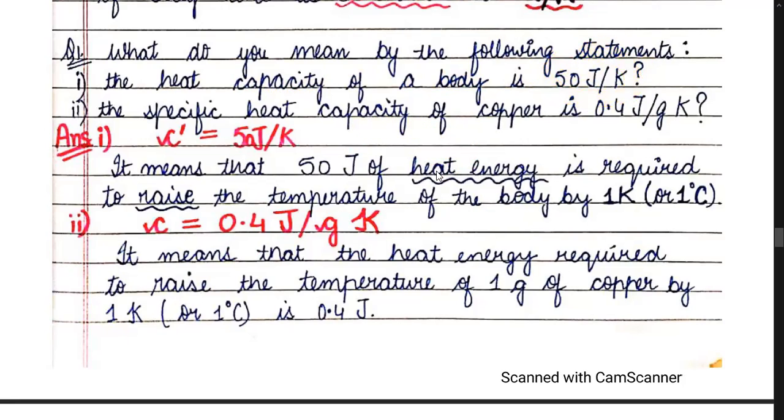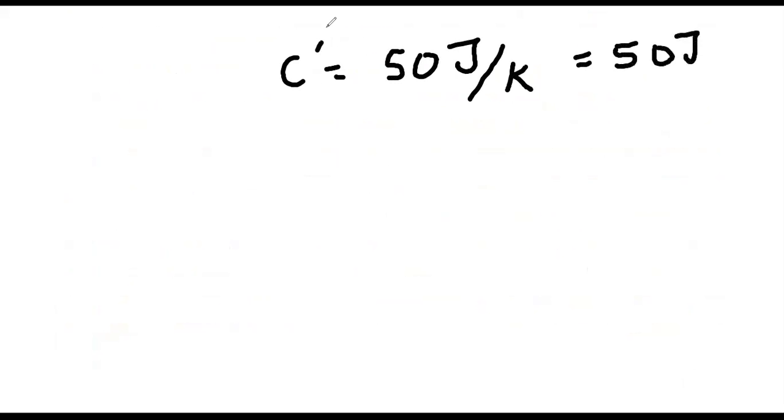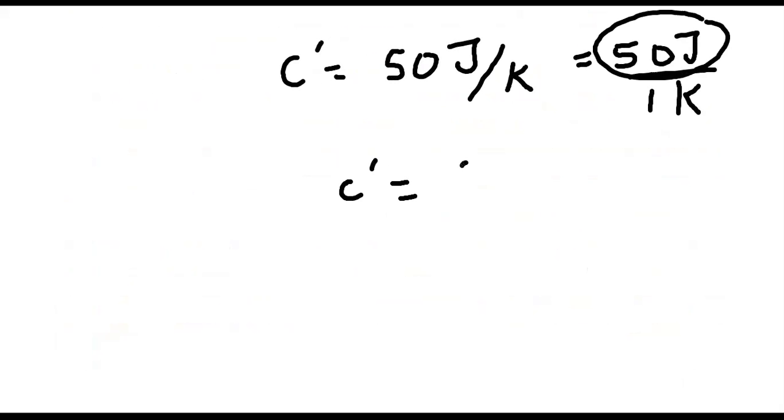Students, it is very simple to understand. We are given that C dash is equal to 50 joule per Kelvin, that is 50 joule divided by 1 Kelvin. So what does it mean? It means that 50 joule of which energy? Heat energy. The formula of C dash was Q divided by change in temperature.